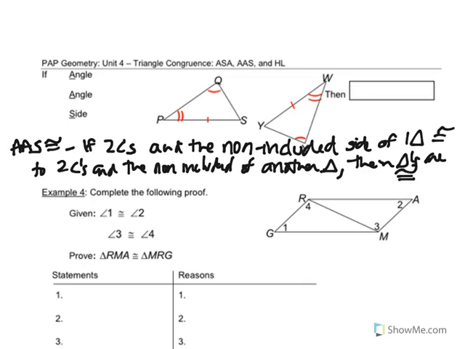And I want to change one bit of grammar. I said, if two angles and the non-included side is, it should have been are congruent, if they are congruent. So, whatever.